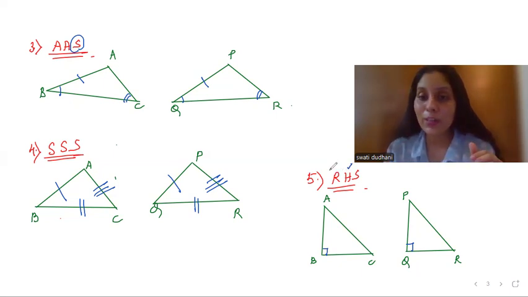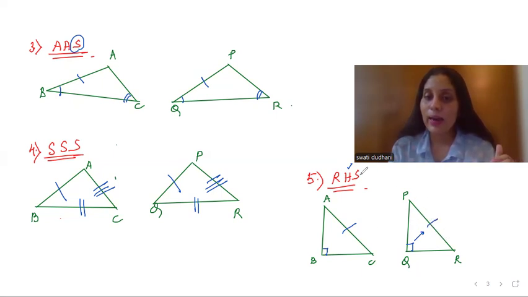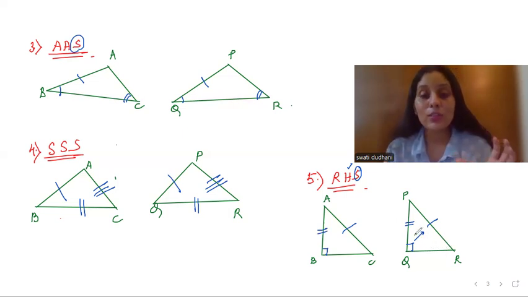What is the hypotenuse? Hypotenuse is the side opposite to 90 degrees. So here AC is the hypotenuse, and here PR is the hypotenuse which is opposite to 90. So AC equal to PR, and this side can be anything, either AB equal to PQ or BC equal to QR. So in this case we say that using RHS the two triangles are congruent.